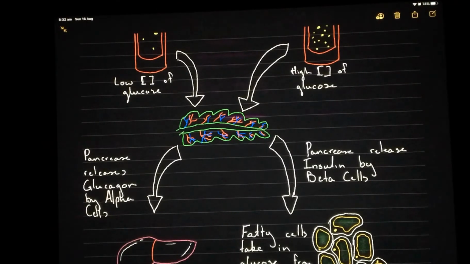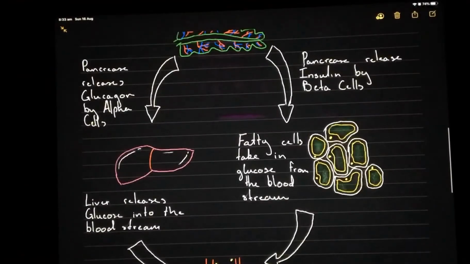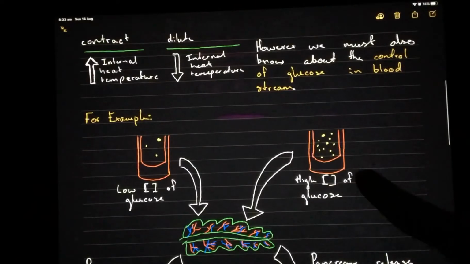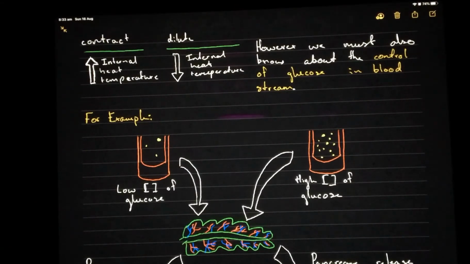So if you had a high concentration of glucose, your liver and fatty cells in the body will not be able to actually take it in without insulin. This causes an unhealthy concentration of glucose in the bloodstream.